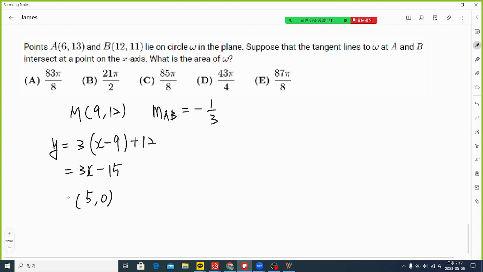Let's say this point is C. So if we connect C and A, the distance between A and C is, using Pythagorean theorem, 1 squared plus 13 squared, the sum is 170. So the distance is square root of 170.